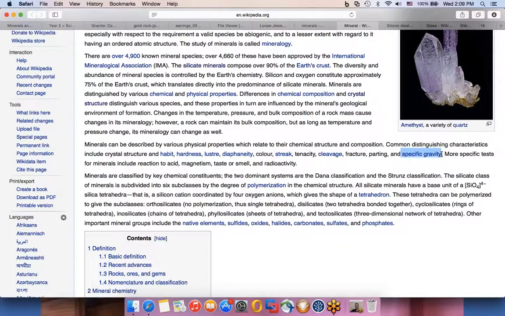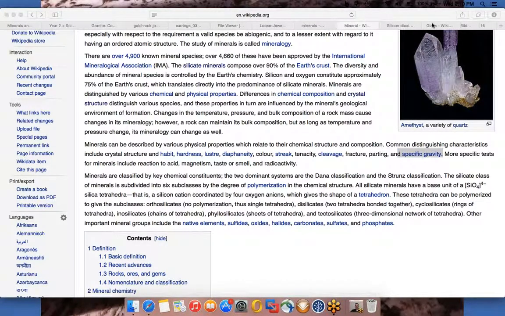Because of the specific chemical composition of the mineral, what atoms compose that mineral, it is going to have a specific weight. And that is what gives the specific gravity of the mineral.